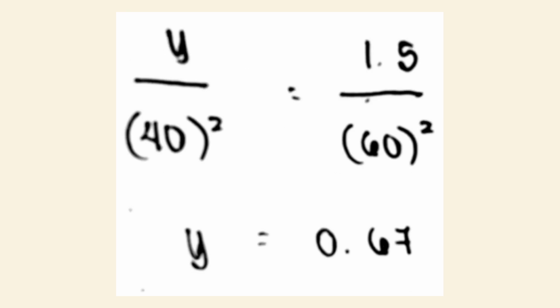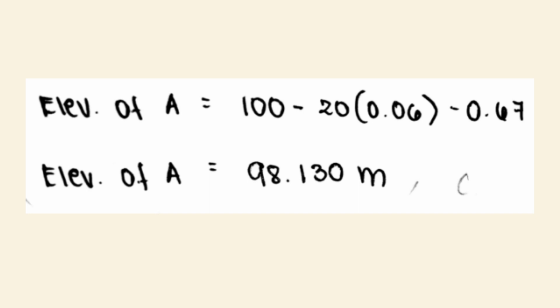Next, the value of y. It would be computed as y over 40 squared, which is L over 2 divided by the value of h, is equal to h, which is 1.5 over L over 2 squared, which is 60. So solving the equation, we have y is equal to 0.67.